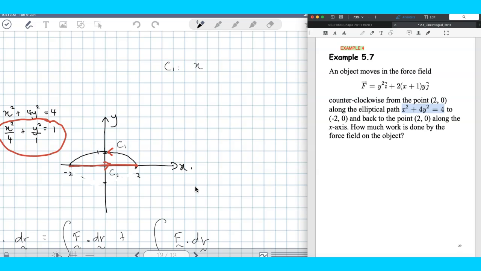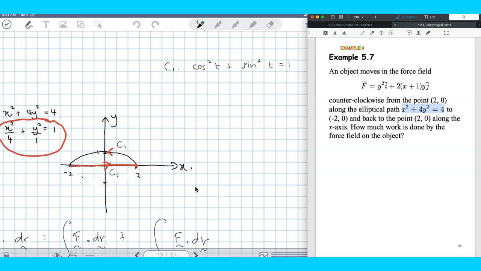The possible trigonometric identity that can be used here is cos squared t plus sine squared t equals 1.